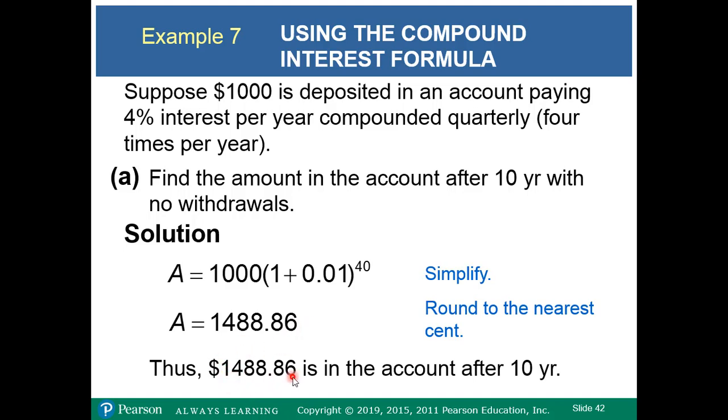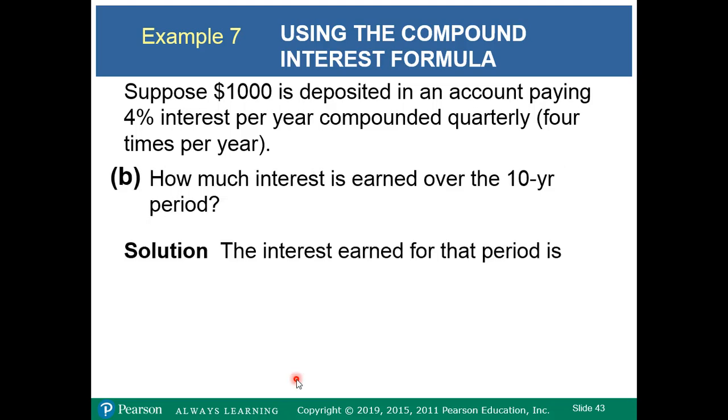So again, we started with $1,000. We end up with $1,488.86. So the amount of interest that we earned over the 10 years is $488.86. Right? So we take the amount that it grew to minus the principal, and the rest is interest.